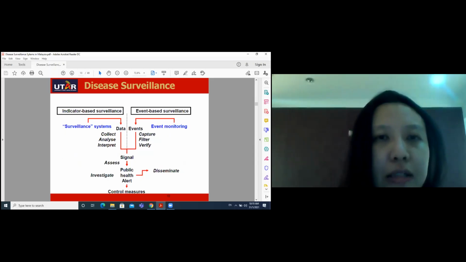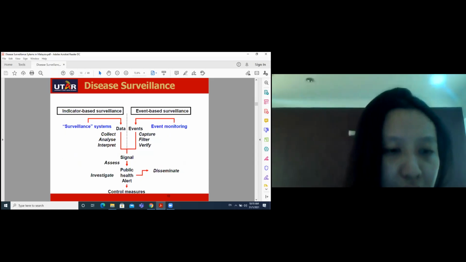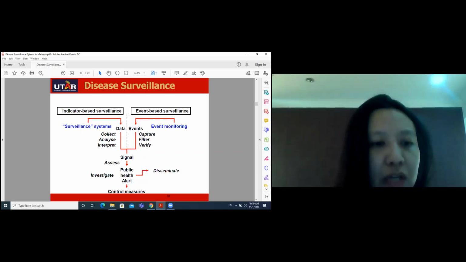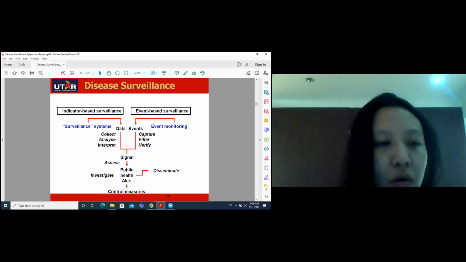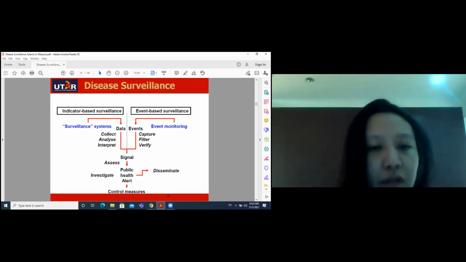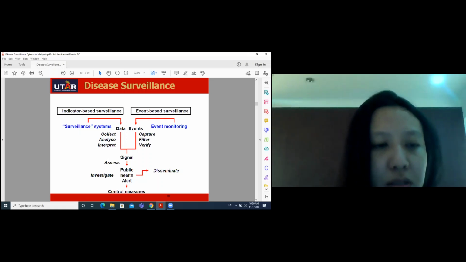So basically, disease surveillance is divided into indicator-based surveillance and event-based surveillance. What are the differences between indicator-based surveillance and event-based surveillance? Event-based surveillance is based on events such as floods or landslides, explosions and fires, or carbon monoxide poisoning. This is a rapid capture of information about events that are a potential risk or concern to public health.